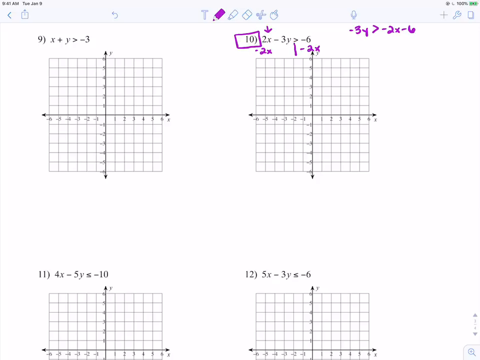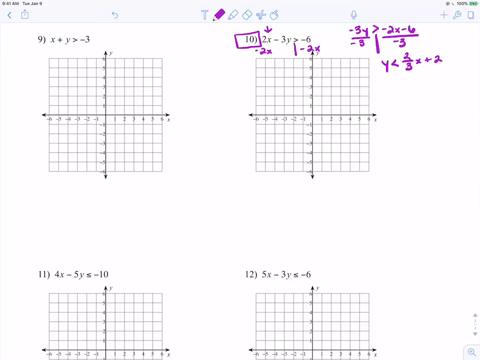And to undo the multiplication of negative 3y, we divide by negative 3 one time on each side of the inequality, and we are left with y is less than positive 2 over 3x plus 2, and then we follow our steps from before.